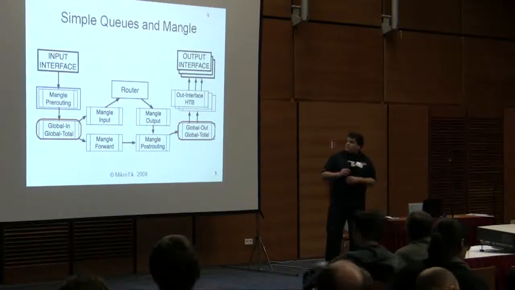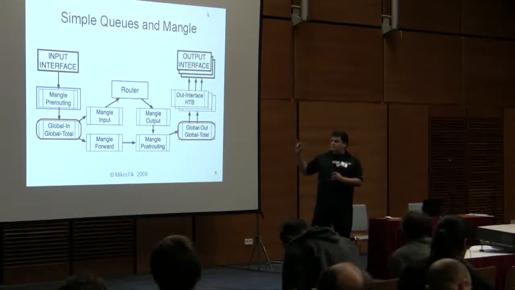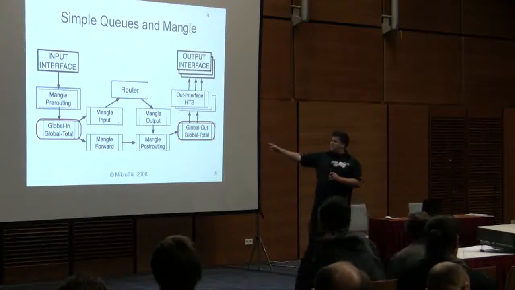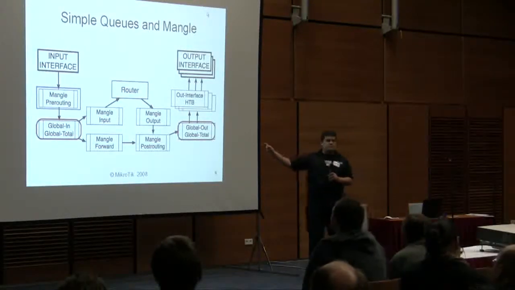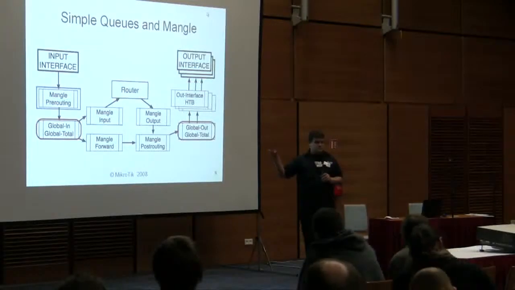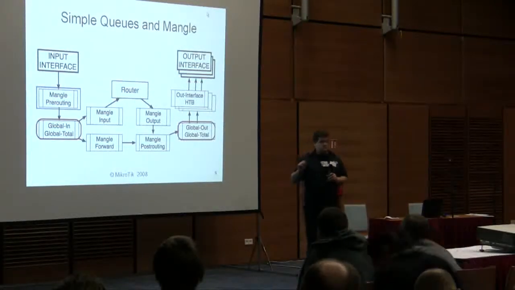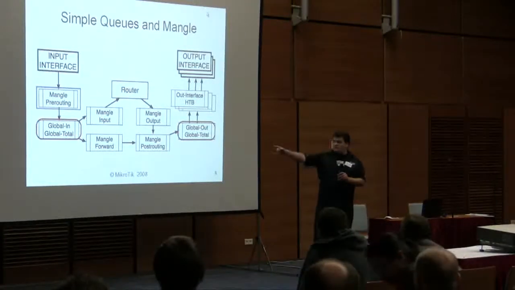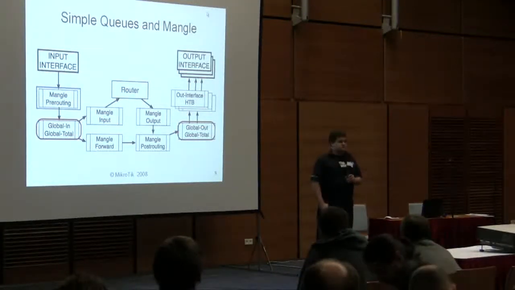So if we take a look at our diagram, global in is there, global out is there. The only place where you can mangle traffic for the simple queue is pre-routing. If you mangle it in mangle forward, what will happen? Who knows?